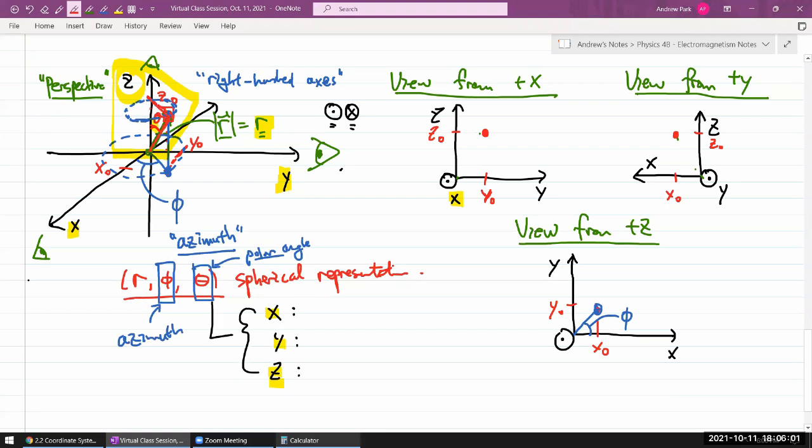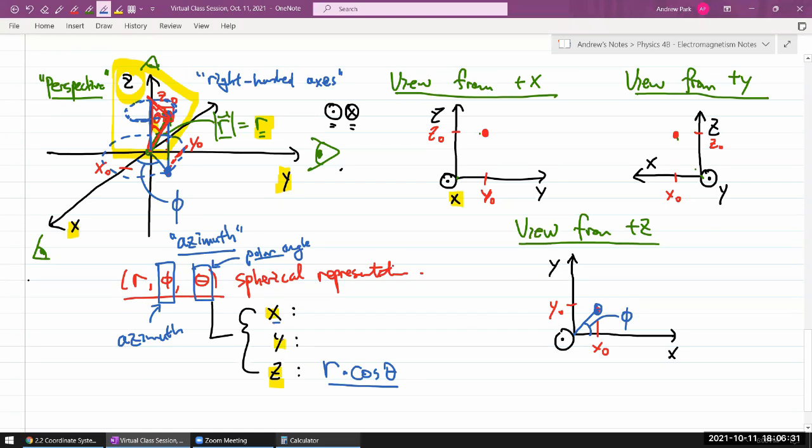That's one of the legs of the right triangle, and the other leg is along the z-axis. That would be our z component. So considering that right triangle, you should be able to reason yourself that the z component is given by r times cosine theta, since the z component is the side adjacent to the angle theta.